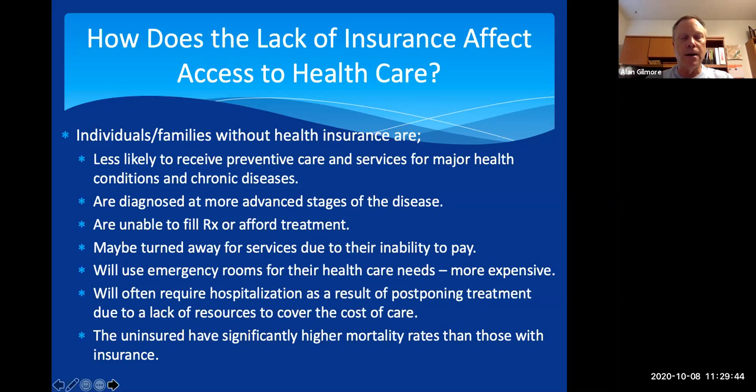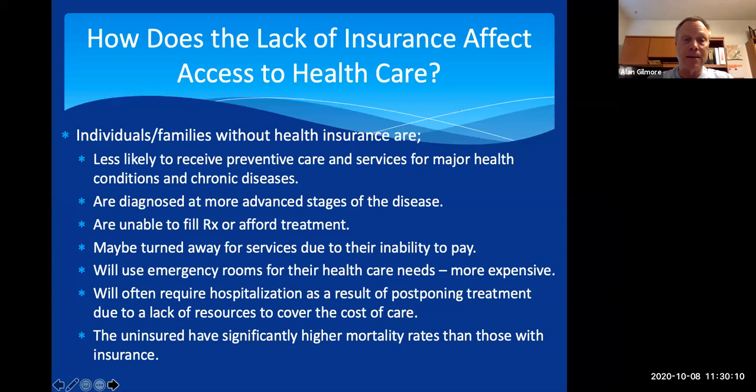Emergency rooms are in place to address emergencies, not because somebody is running a fever or experiencing stomach pains. They will often require hospitalization as a result of postponing treatment due to a lack of resources to cover the cost of care. And the uninsured have significantly higher mortality rates than those with insurance.